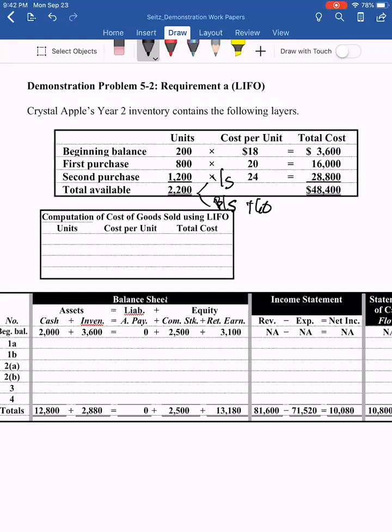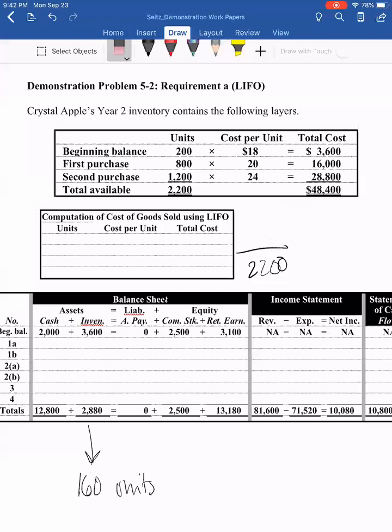No matter which cost flow method I use, I will have 160 items costed on the balance sheet. So this is 160 units on the balance sheet, and then I will cost the amount that I sold, which is 2,040. And so those two items are 2,200, which is the available for sale.